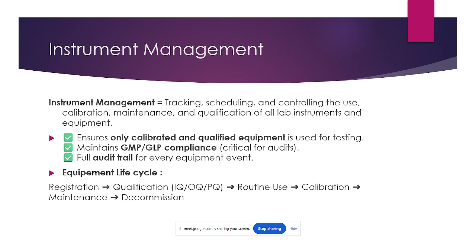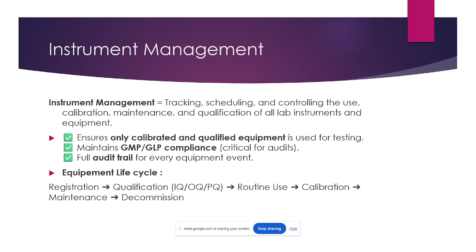After completion of IQ, OQ, PQ, we can use it for routine use. After it goes into routine use, we need to fix the calibration. Why? Just as our body requires food every 3 or 4 hours, an instrument also, if it should work perfectly, requires calibration compulsorily. For that calibration we need to create the schedules.